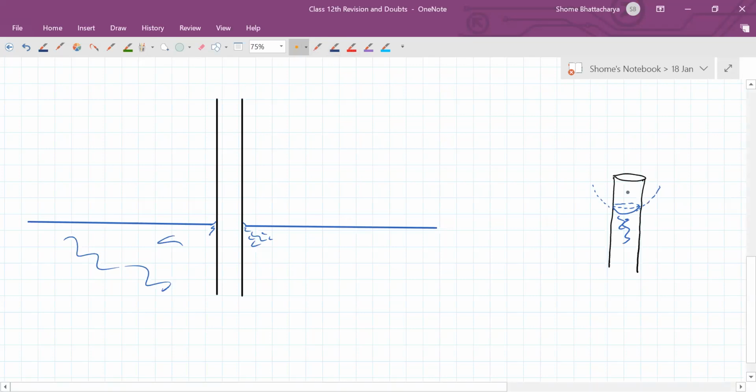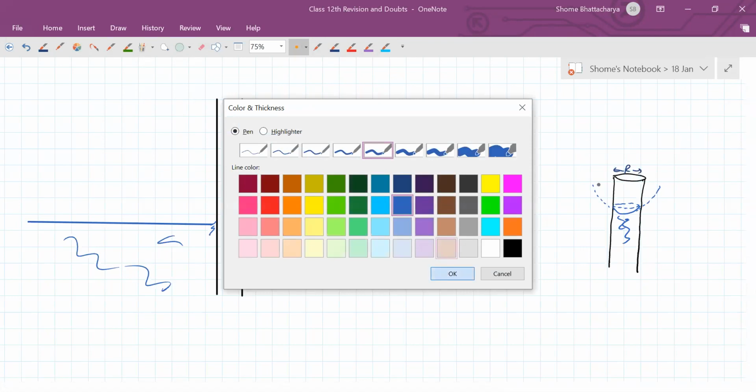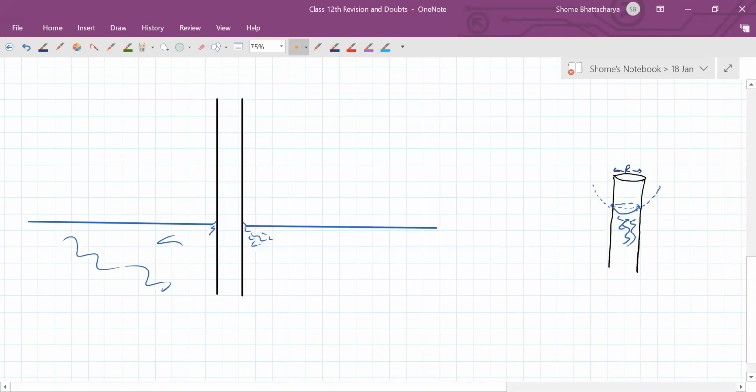So if the capillary has a radius of capital R, but the spherical shape that is formed by the meniscus, the concave meniscus, that has a radius of curvature which is small r. So between the point just outside and the point just inside, there is a pressure difference. PB is equal to PA minus 2T by small r.